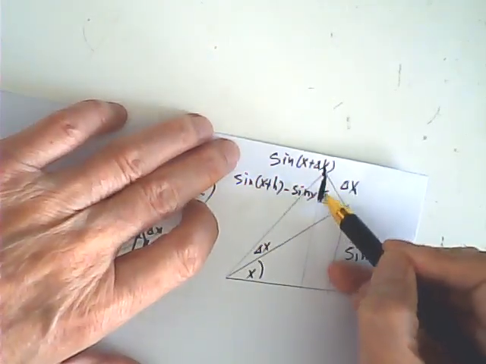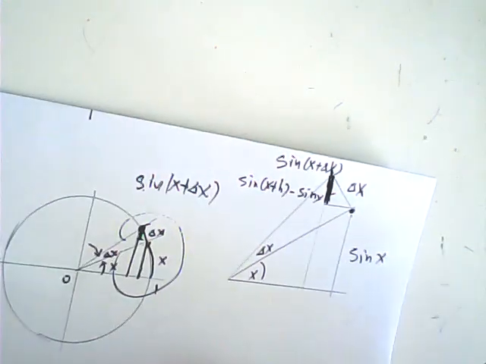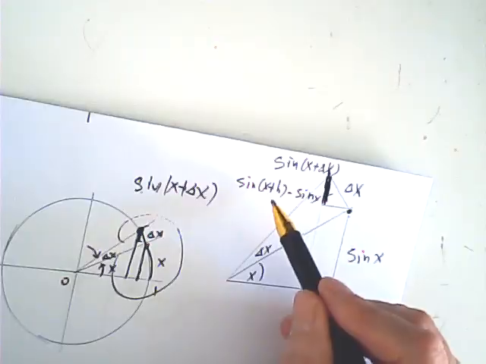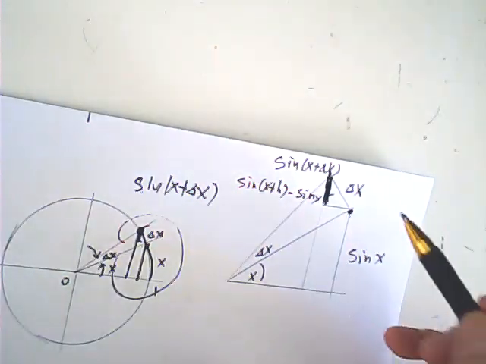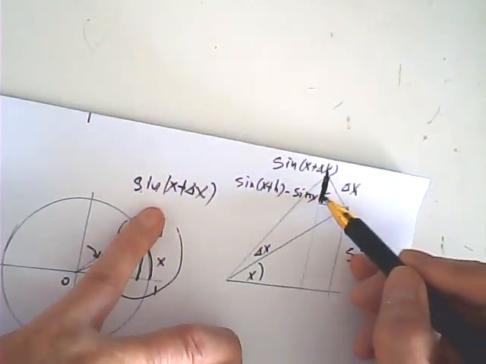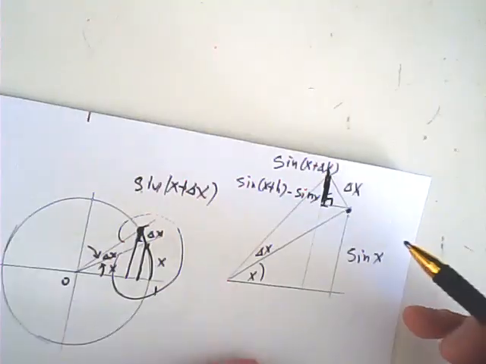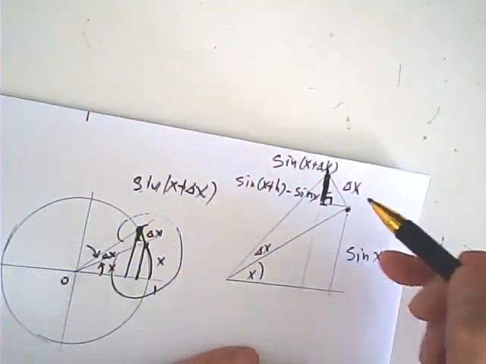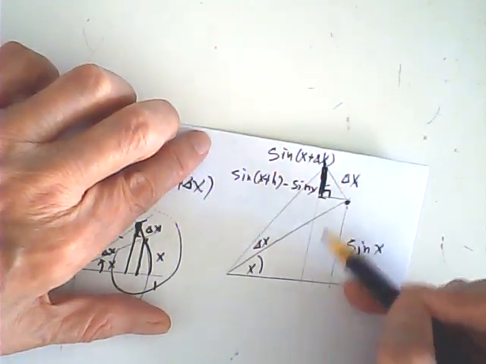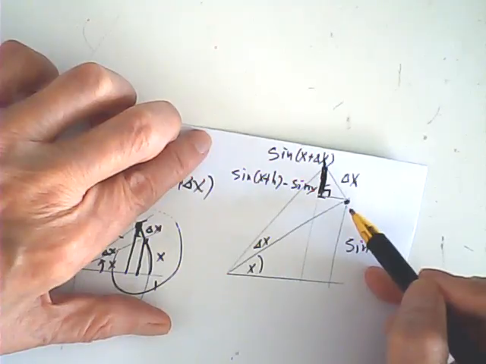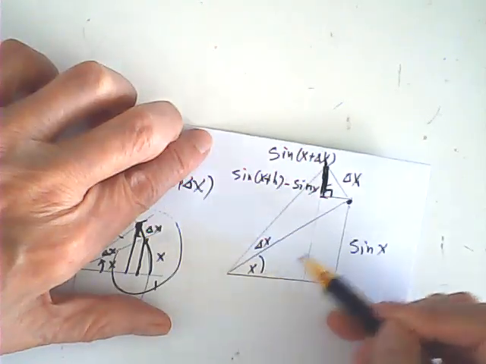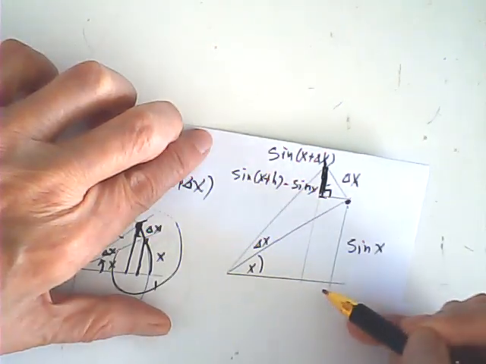This side, well, this line segment is sine of x plus h minus sine x. And this is a right angle. And this angle is formed by these two sides.